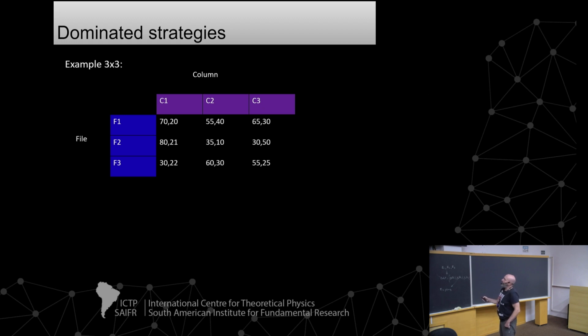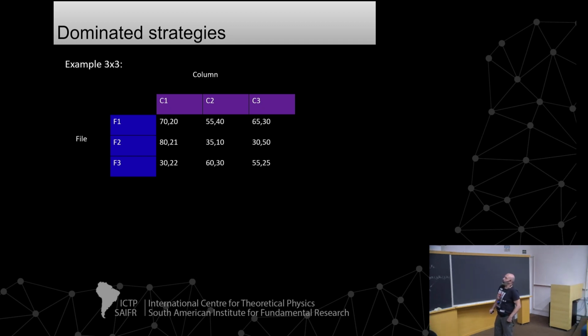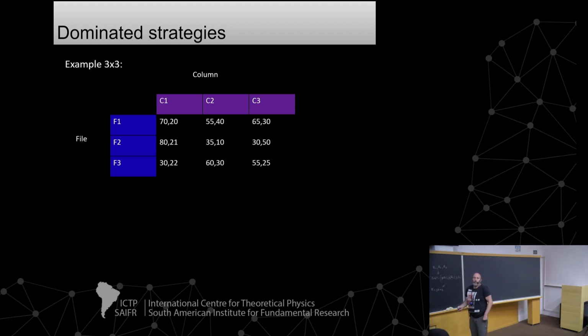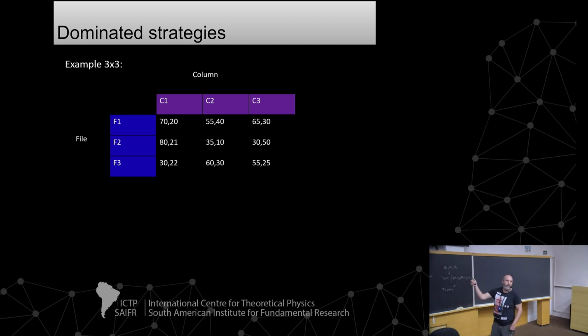In this case, we have the payoff of the file against the column, and here of the column against the file. Okay? So let's see if we can use the concept of a dominated strategy to decide which would be the strategy chosen here by the 2 players.